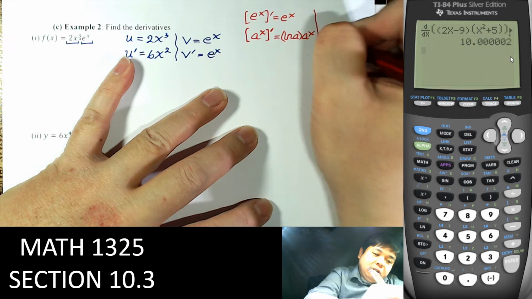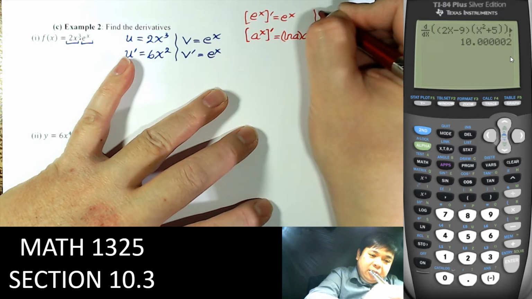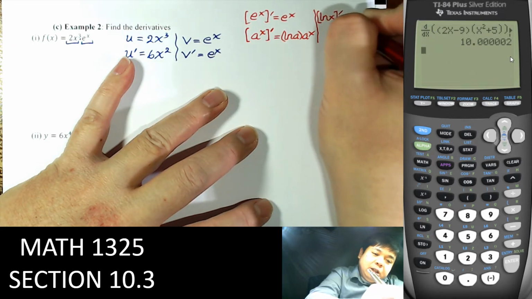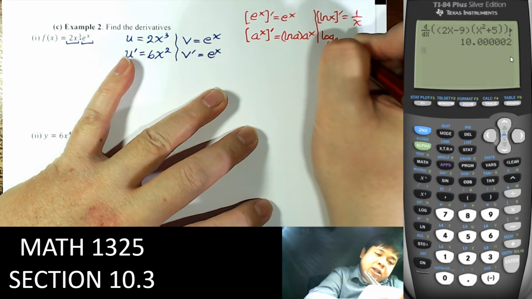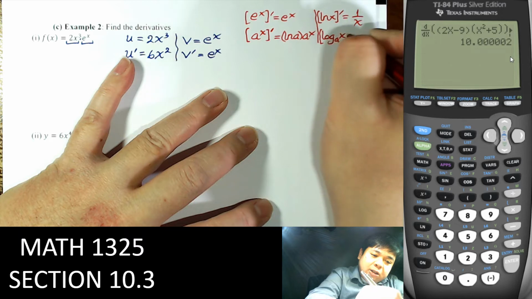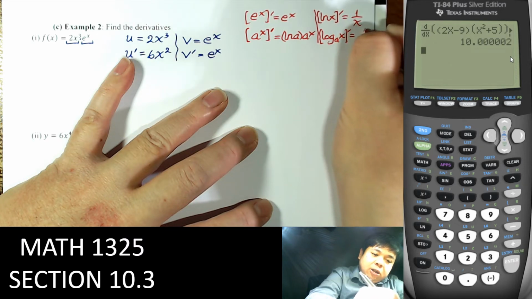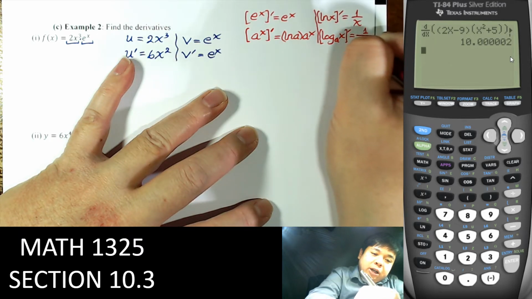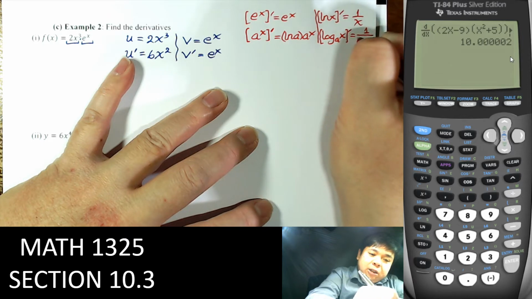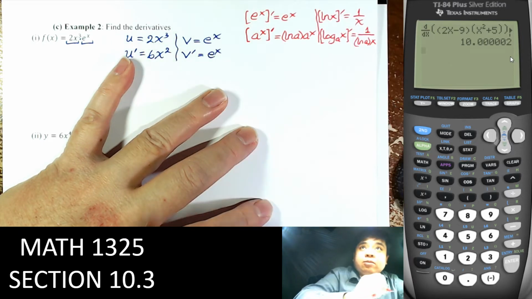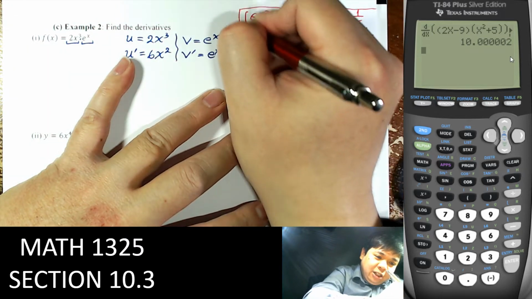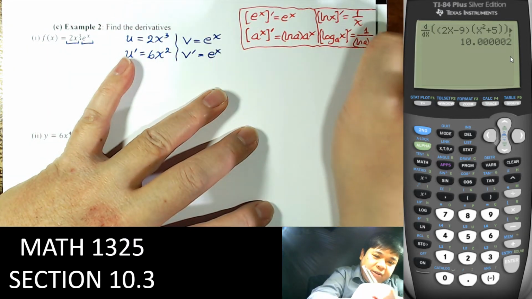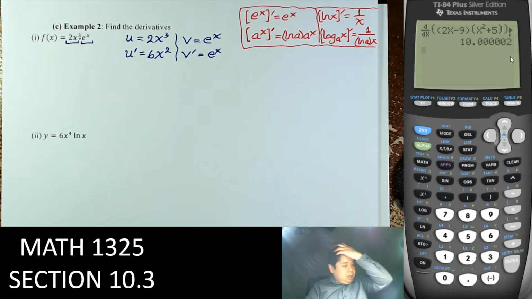And now let's look at the derivative of ln of x, which is 1 over x, and the derivative of log base a of x is 1 over ln of a times x. Sorry, kind of run out of space, but that's what we have.